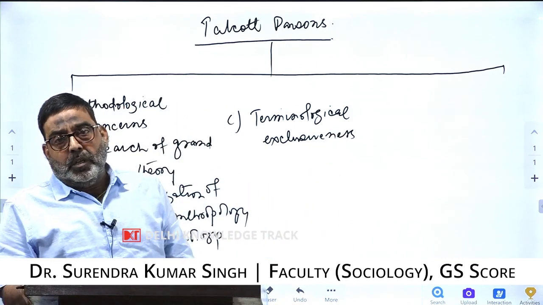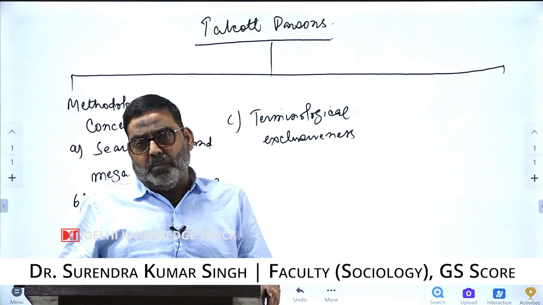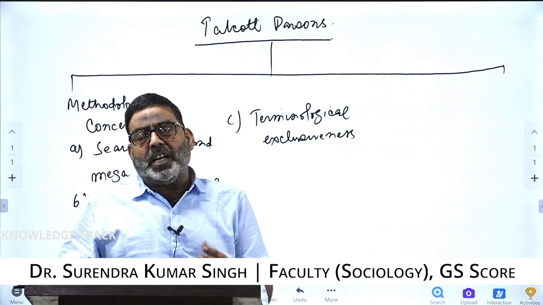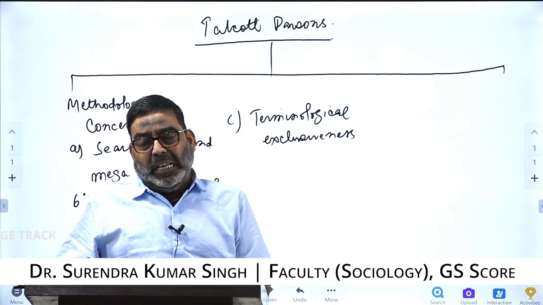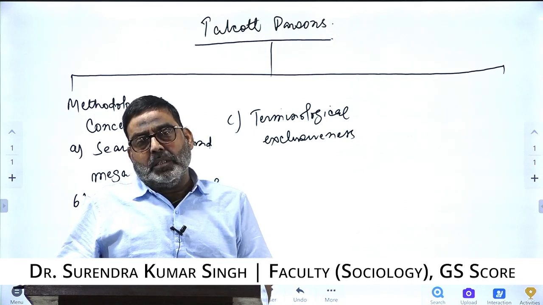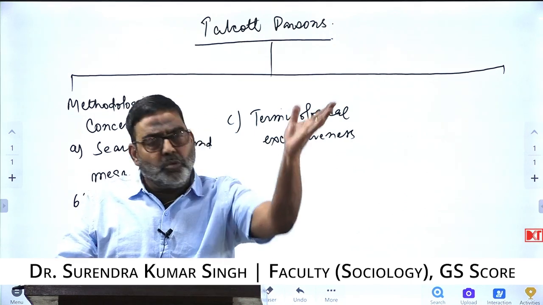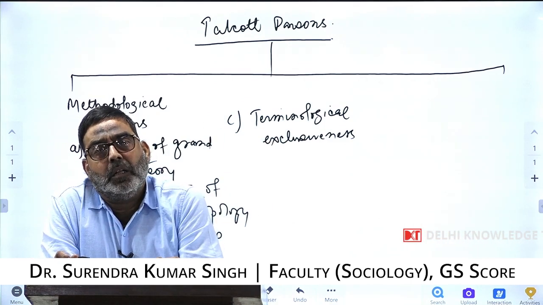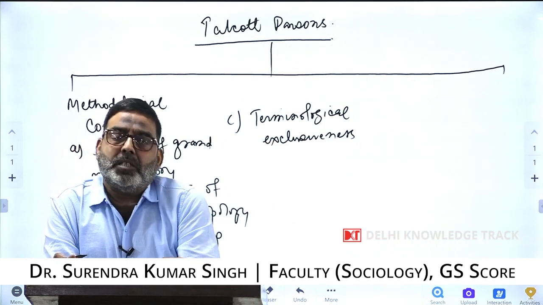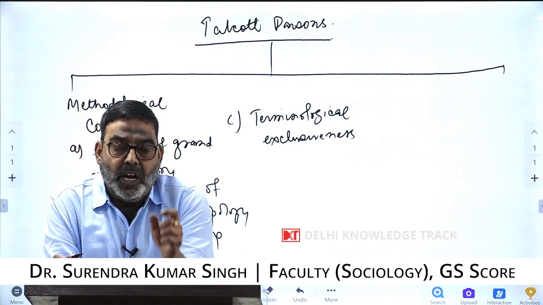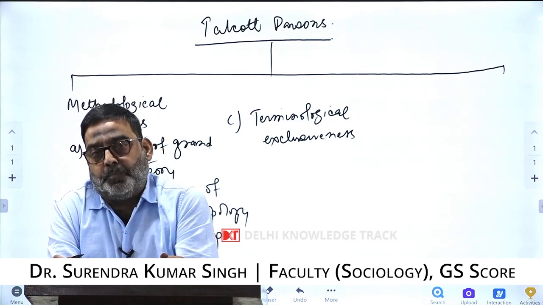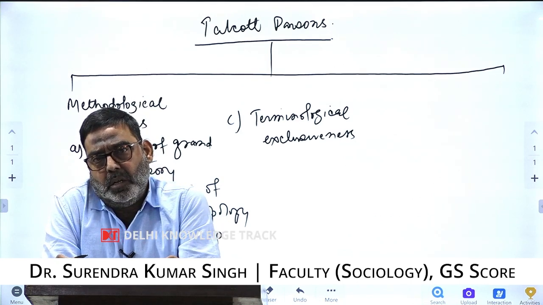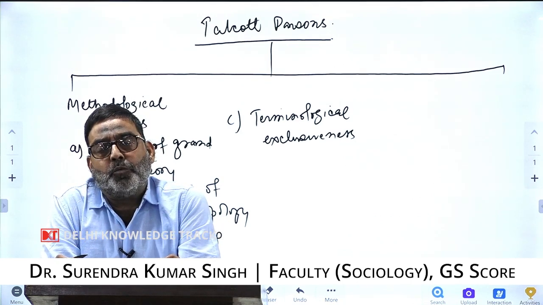terminological exclusiveness. Thus, you find the concept like social system, you find the concept like AGIL, you find the concept like cybernetic hierarchy of control, steering media, pattern variables. Like in every science, every discipline, there are certain specific terminologies which are understood by the practitioners of that discipline. Similarly, if sociology has to develop as a science, a certain kind of terminological exclusiveness should be there.